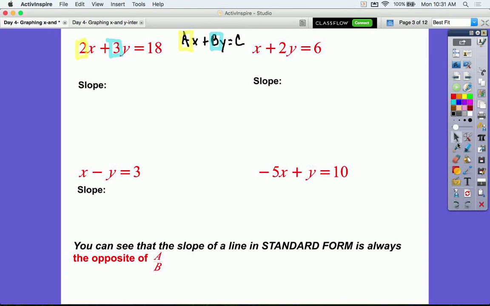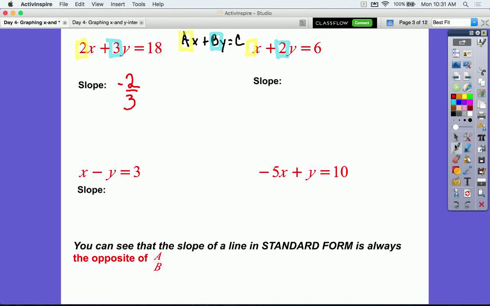So it's not simply that we just put x over y, but the coefficient of x over y, I should say, a over b. But what we find out is the slope of this line is negative 2 over 3. The slope of this line, and this is kind of an interesting one because what is the coefficient of x? Think about that.